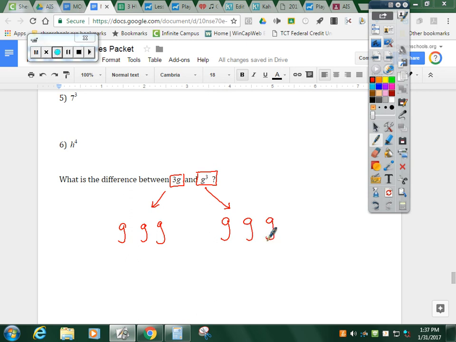You need to be able to understand 3 times g. Multiplication is the same as repeated addition. So you have plus signs for multiplication. Multiplication is repeated addition. In exponents, you have 3 g's in repeated multiplication because exponents are repeated multiplication.